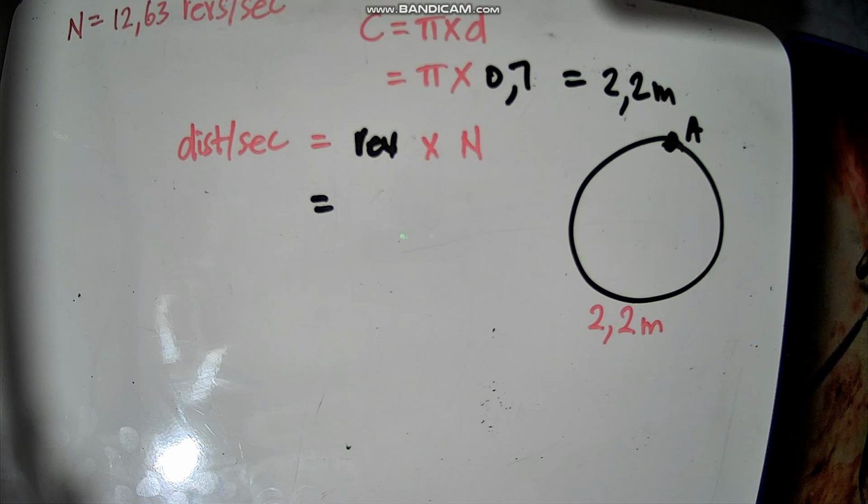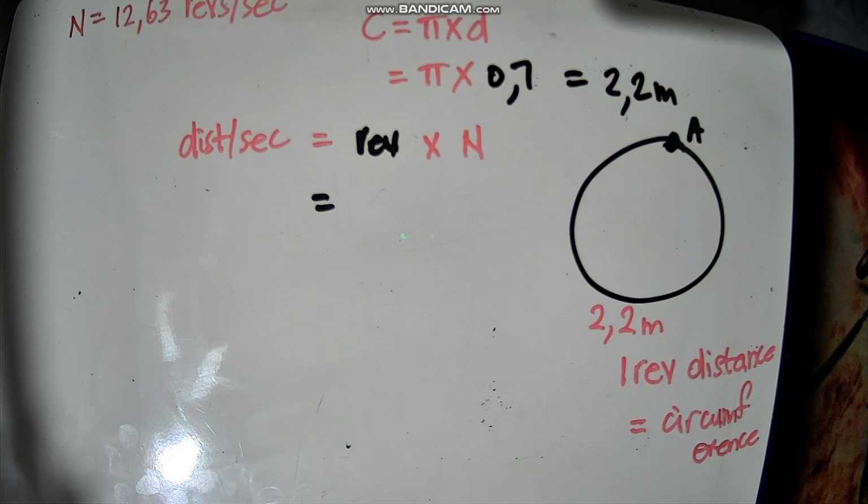So one revolution is how much? Think about it: if I complete one revolution, what distance would I cover? That would be the circumference, correct? So one revolution is equal to the circumference.